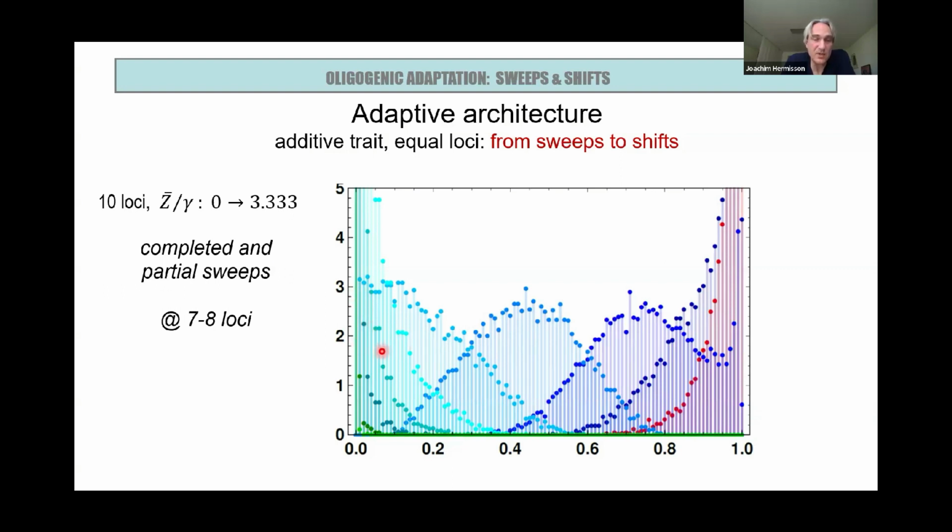Some loci contribute only very little, and some contribute a lot. And remember, this is for equal loci, so all these loci have the same effect size and the same mutation rate, and we start our simulations prior to the environmental change.